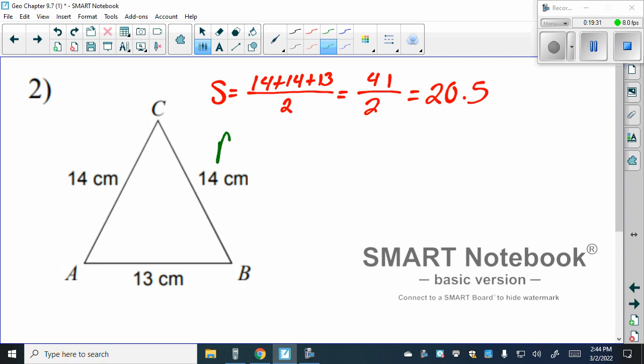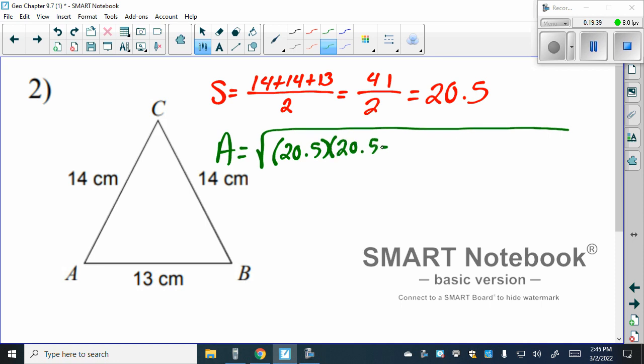Now that we have that, our area is equal to the square root of 20.5 times 20.5 minus 14 times 20.5 minus 14 times 20.5 minus 13.